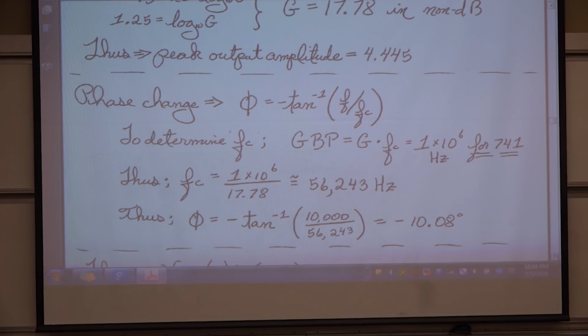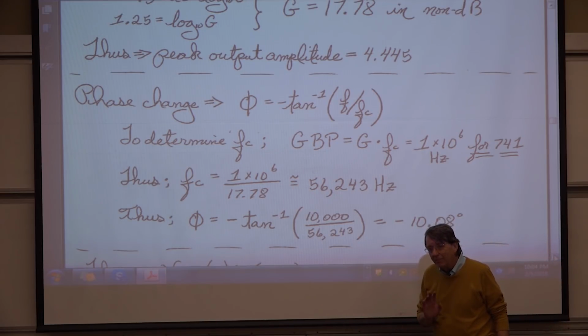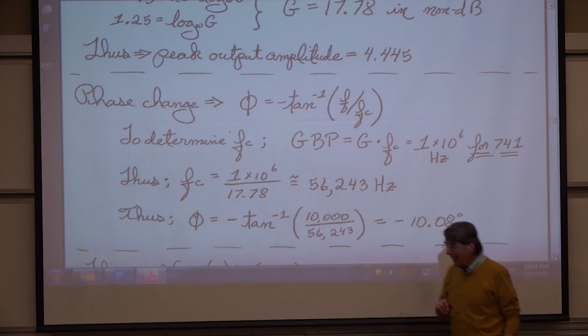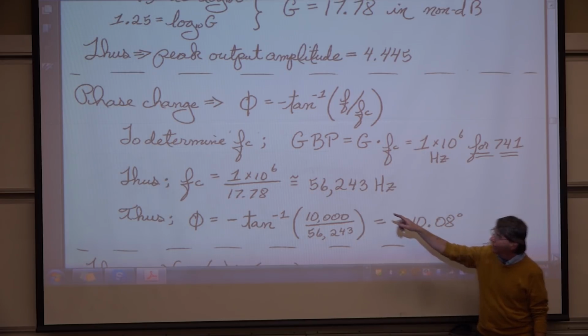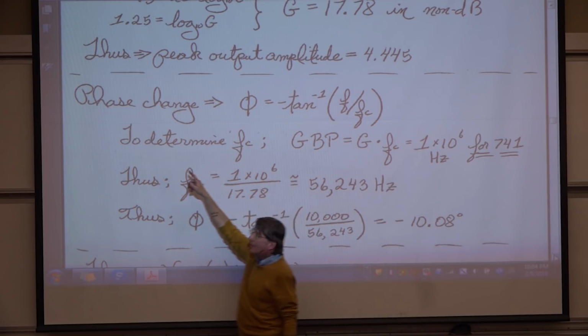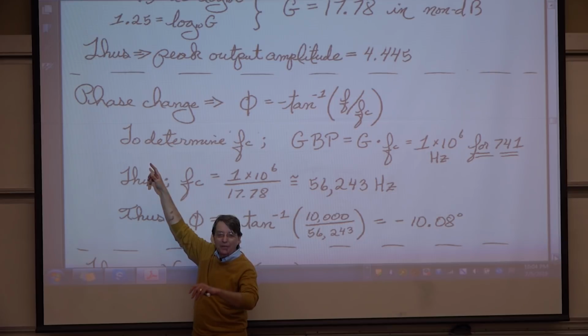All right. So now would we add this to the angle we were given? I love what you just said, because a very common mistake that people make is they say the output phase is minus 10.08. It's not. This formula, as you so accurately pointed out, gives the phase change.